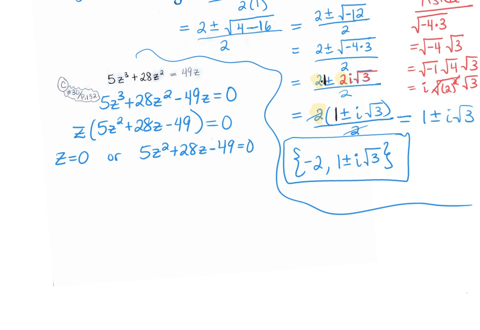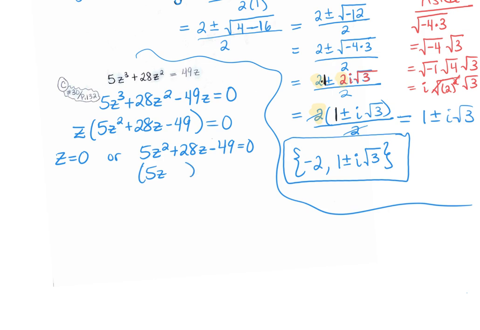You can use the quadratic formula. You'll just be dealing with large numbers, and that's okay. You're going to get the same exact thing. So one answer, z equals 0.